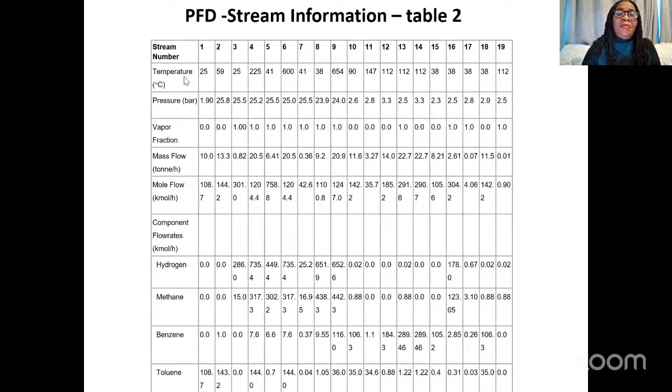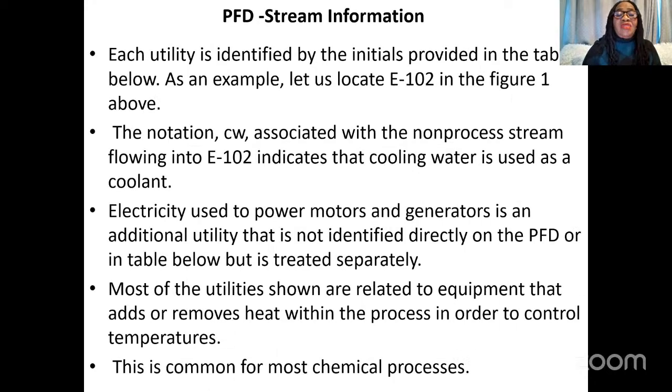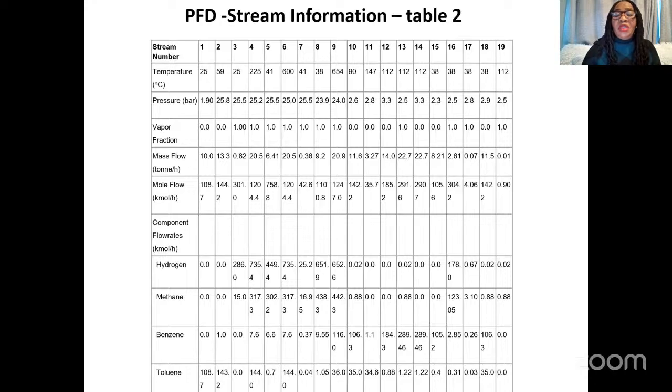Then we have temperature at each stream, pressure, and the other different parameters, which you can find under the different streams. Hydrogen, methane, benzene, toluene, you find them under the different streams. We're going to use these to do calculations any moment now. We're going to combine this stream information with the PFD, figure 1, and we're going to do calculations soon.